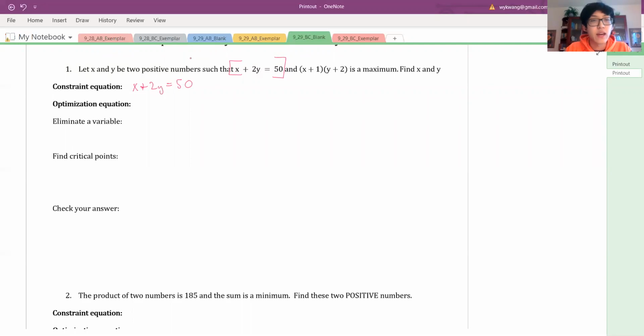And also, we know that it's not our second equation, which is x plus 1 times y plus 2, because this is the equation that we're maximizing. It's not constraining, we're trying to maximize this. So I would like for everyone to write down at least these two parts, the constraint equation and the optimization equation.